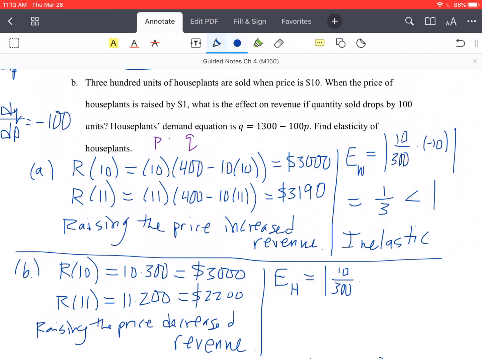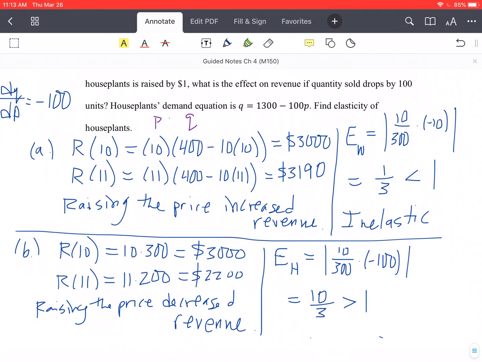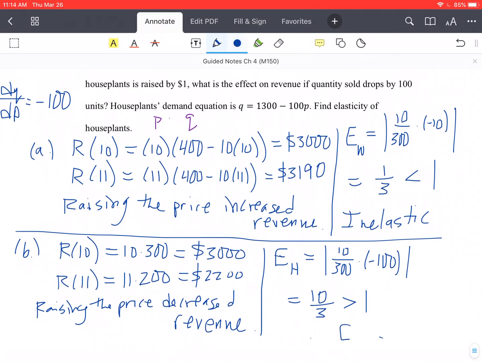Okay, so much steeper rate of change in this case, that's negative 100. So that gives us negative 1,000 over 300, which works out to 10 over 3, or 3.3333, etc., which is certainly bigger than 1, which means the product at this price is elastic.